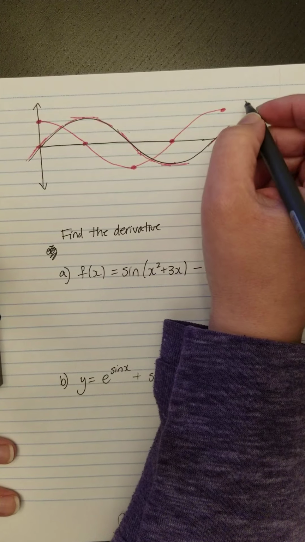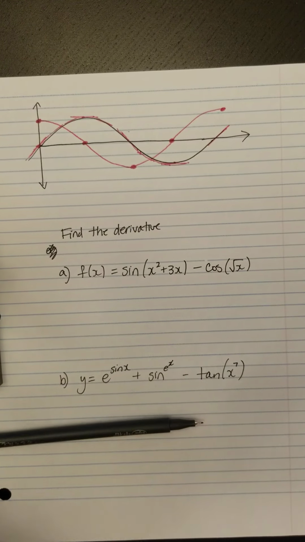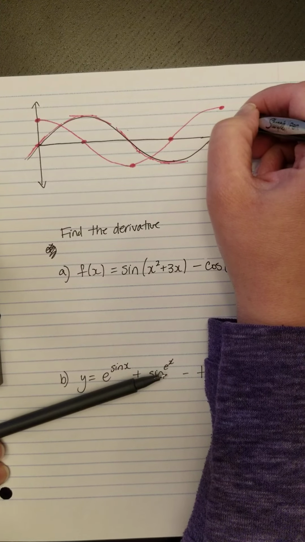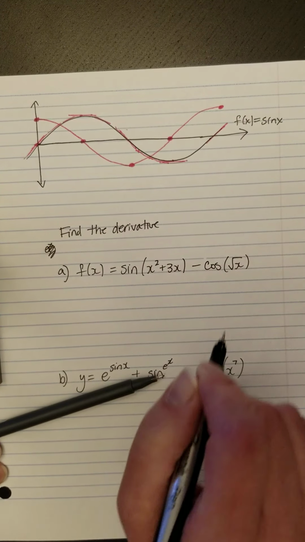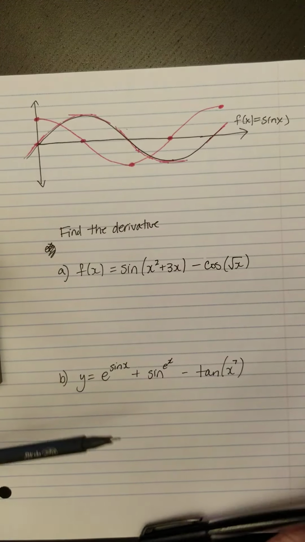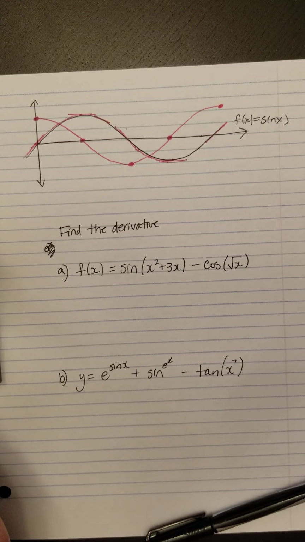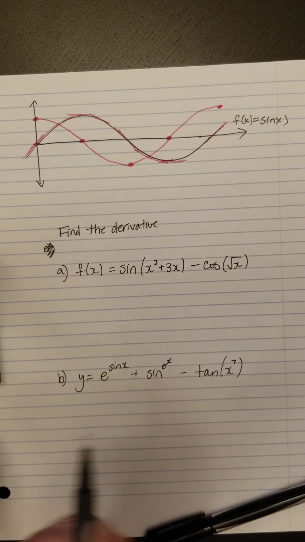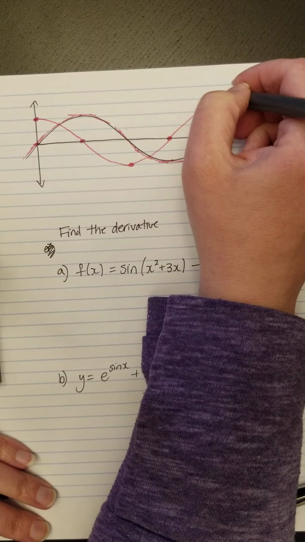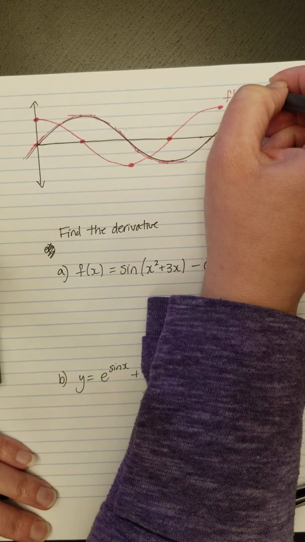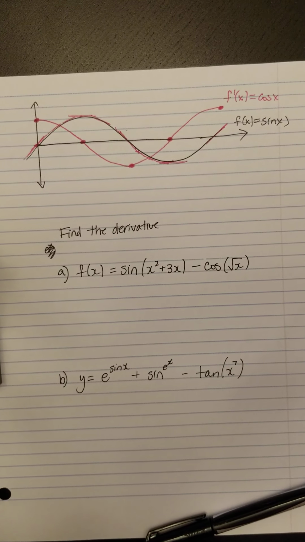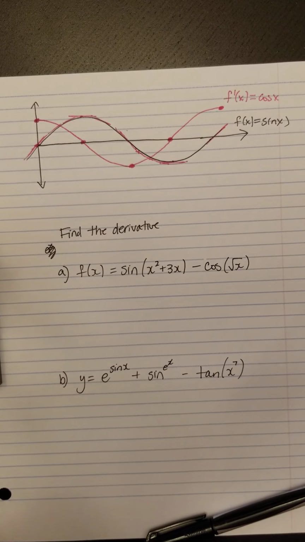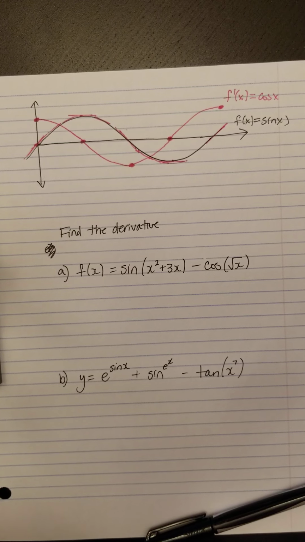And hopefully what you see here is that from my original function, f of x equals sine x, if we sketch out where the derivative values would be, we see another important function, and that is that f prime of x equals cos x. Now you can do the same thing for the graph of cosine and sketch that out and see what the derivative function would look like.